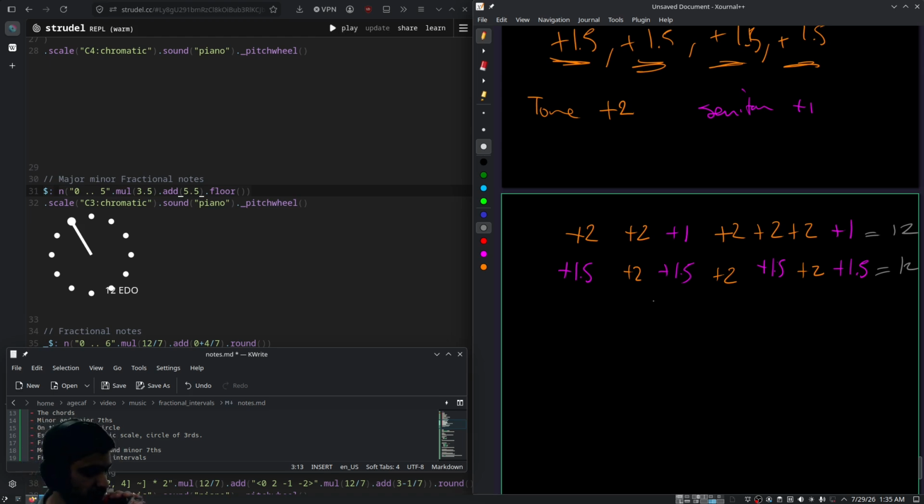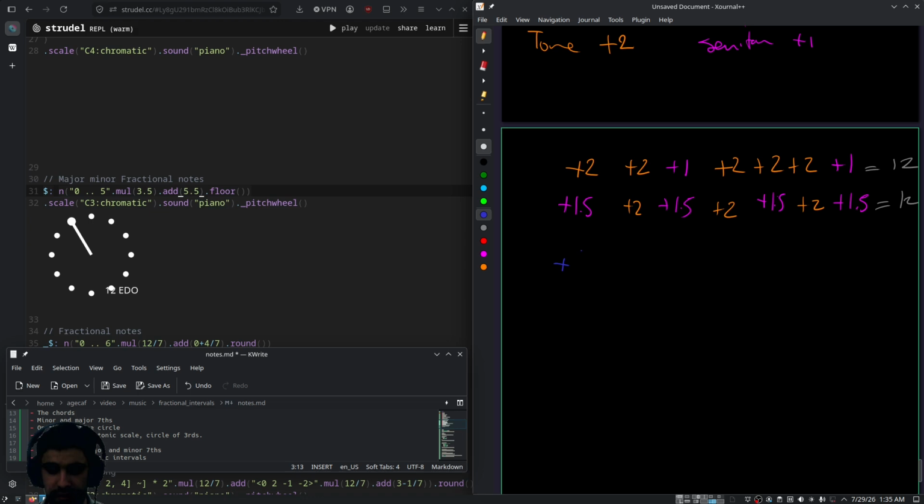But then of course, would there be a perfect way to split things? Well, what if we just had +12 over 7, and then another +12 over 7, and another +12 over 7? And if we have 7 of these, we should get 12, right?